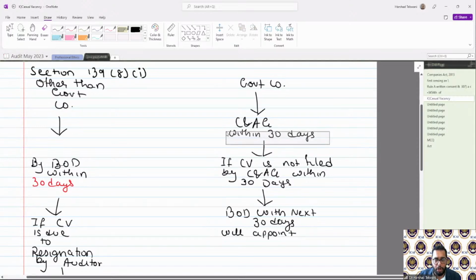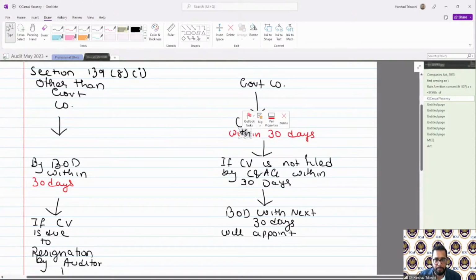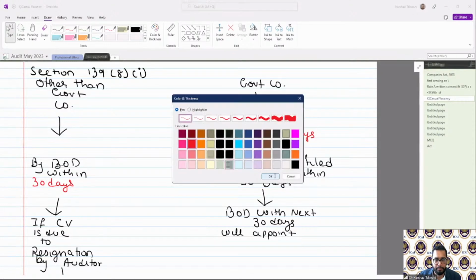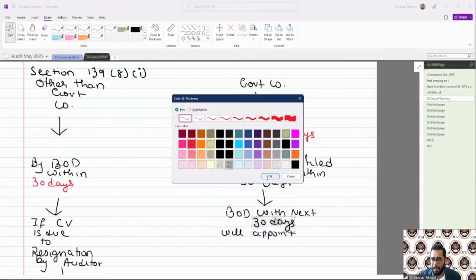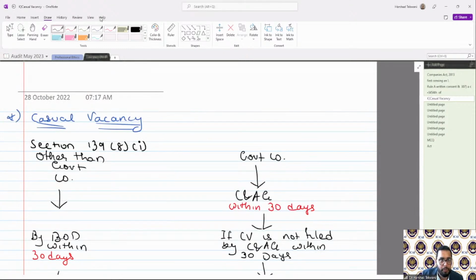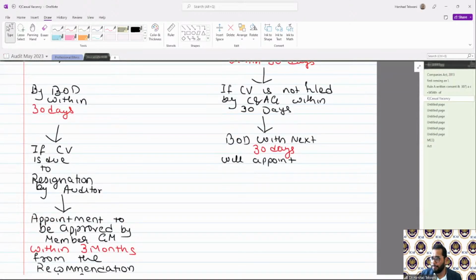So if the CAG does not complete the requirement within 30 days, then the board of directors will complete it in the next 30 days. So that was for the government company. Clear? Any doubt for the casual vacancy?